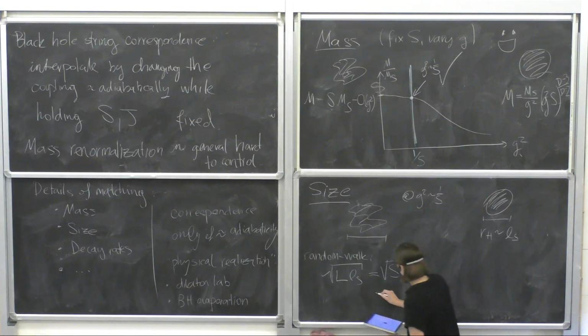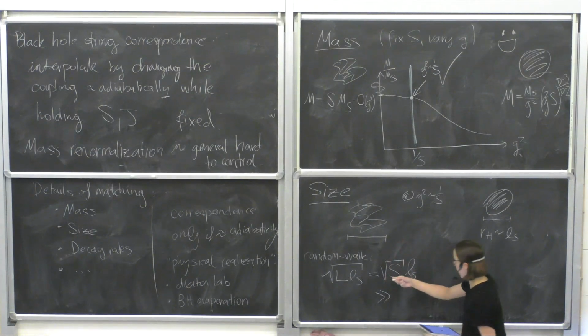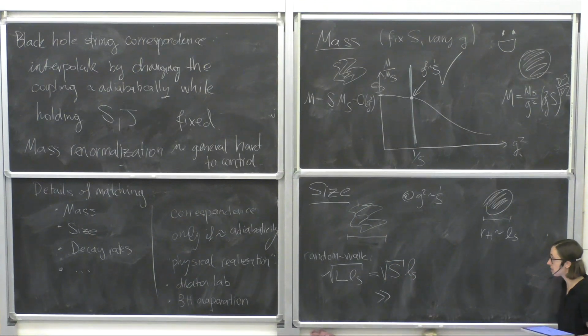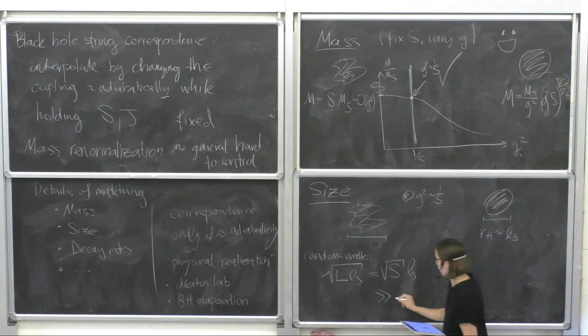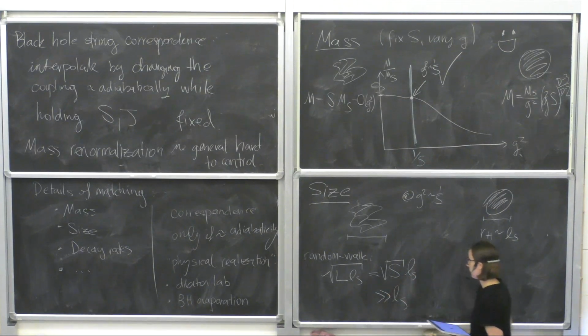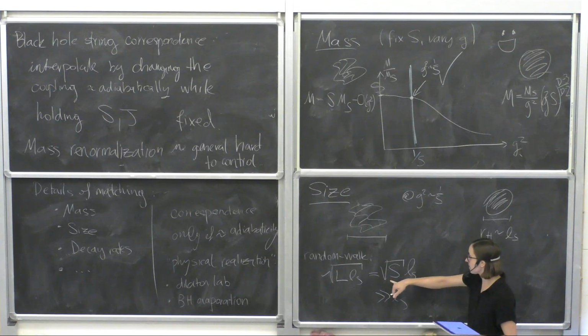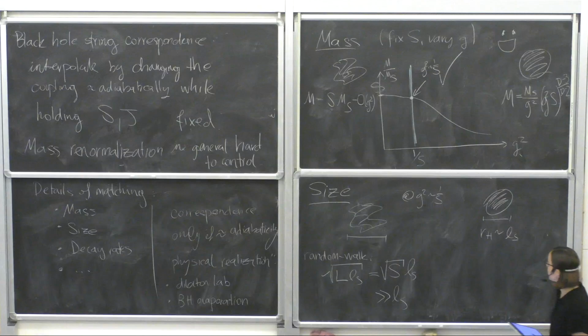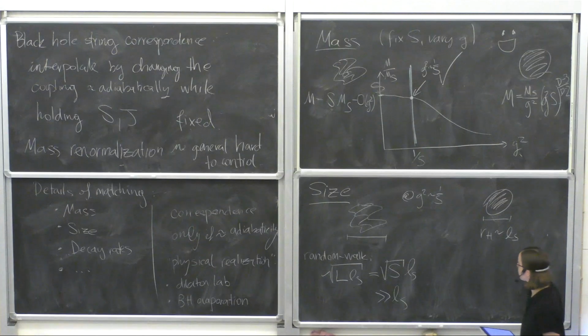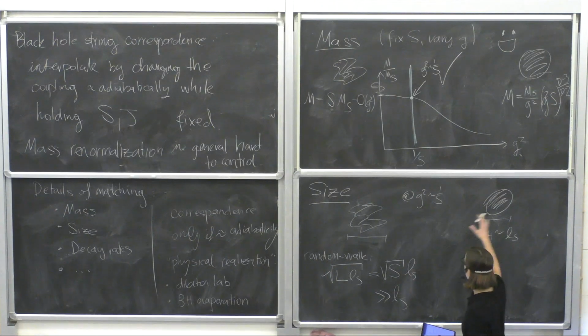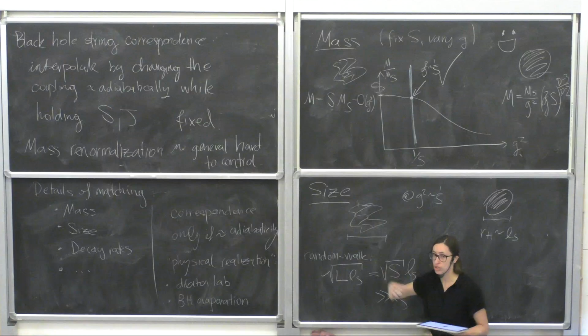S is a large number for us, which we keep fixed, so this is much larger than the string length. So if my string does a random walk, its size is square root S times L_s, which is much bigger than L_s. So it looks like we have a problem, because the string is very floppy.